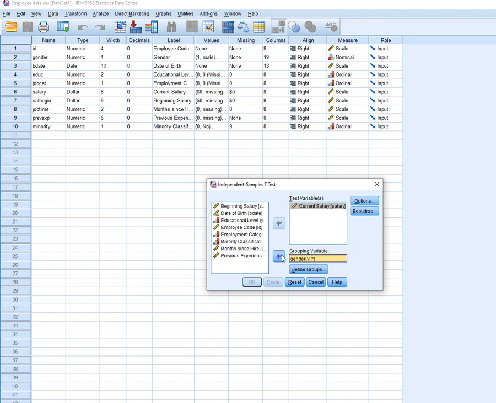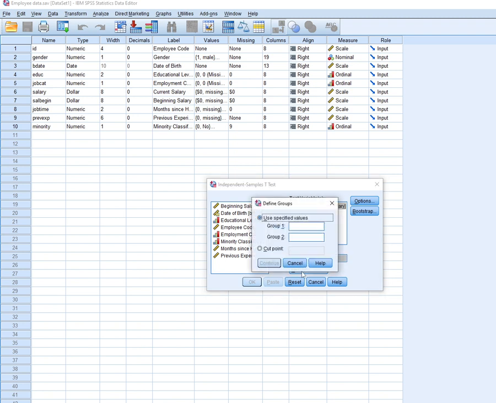And then I have to identify the groupings based on the values. And we talked about this. We said the software doesn't know what is male and female. That's why we had to do recoding in the first place. So if you go to define groups, you now assign the values on how your groupings are coded.